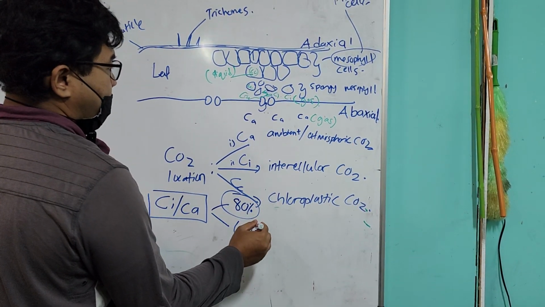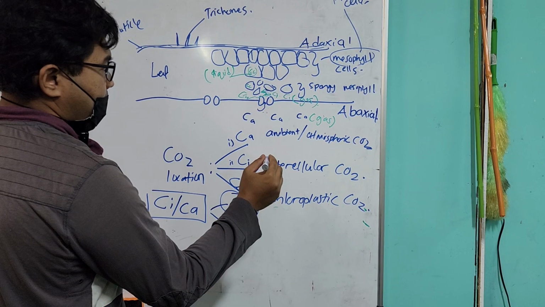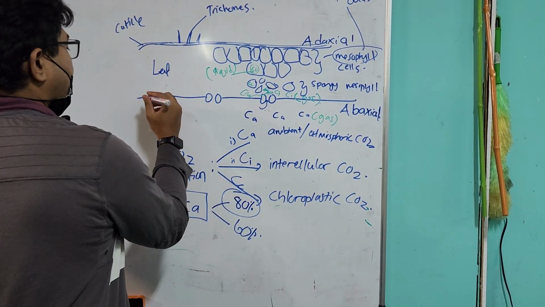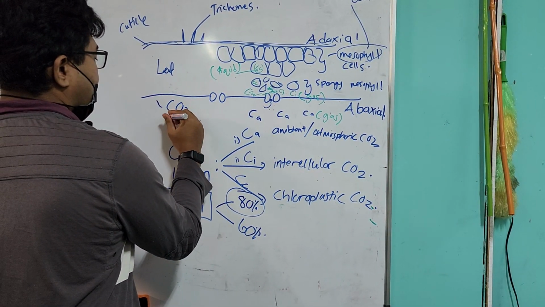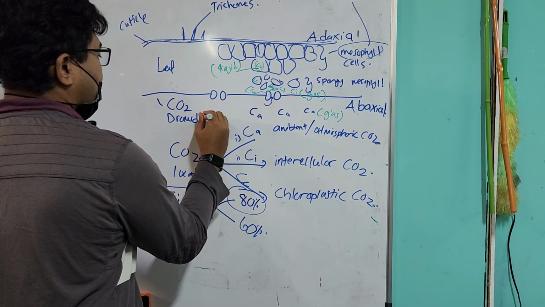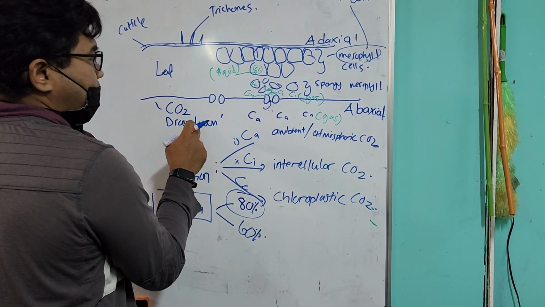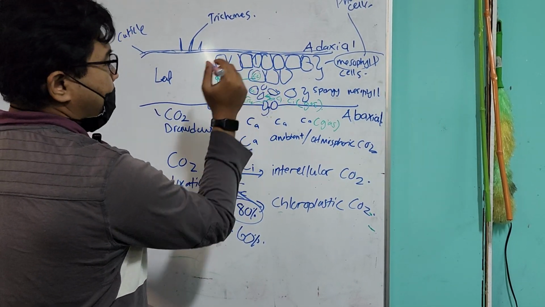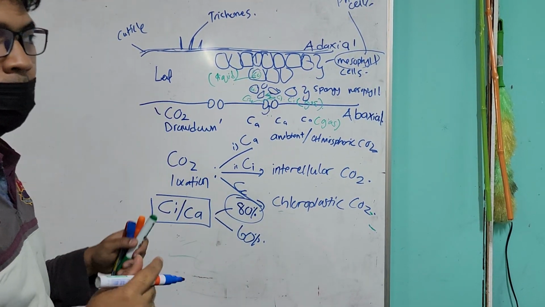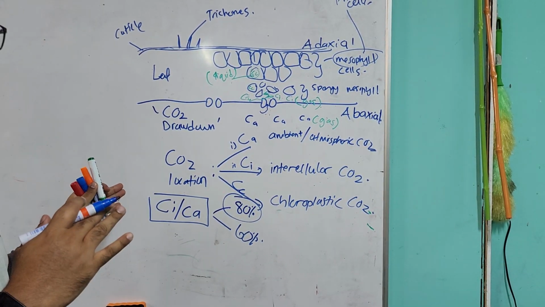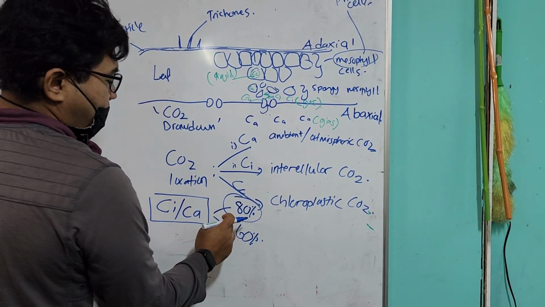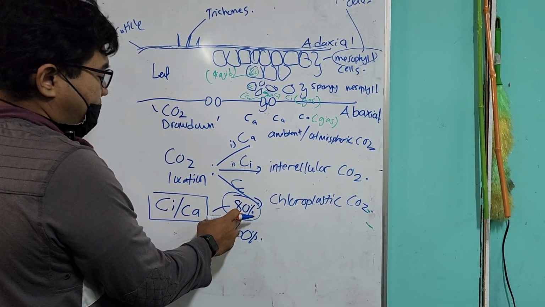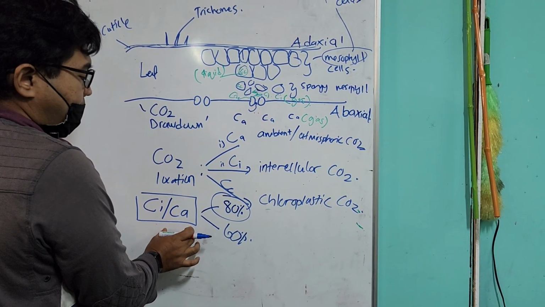An 80% Ci/Ca ratio means that the CO2 drawdown by the chloroplast to become Cc, chloroplastic CO2, is rather low. That's why you are having this high number when you are only talking about the Ci/Ca ratio here.